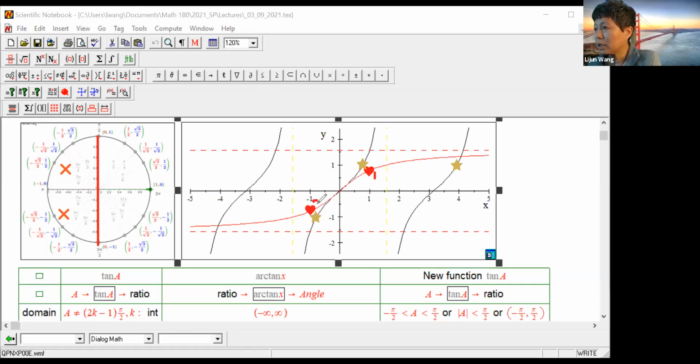My bad if I'm not being clear. Heart number 1, heart number 2, star number 1, star number 2, and star number 3. Is that clear? So now, Andy, you have to tell me, your 1 comma pi over 4 is for what?